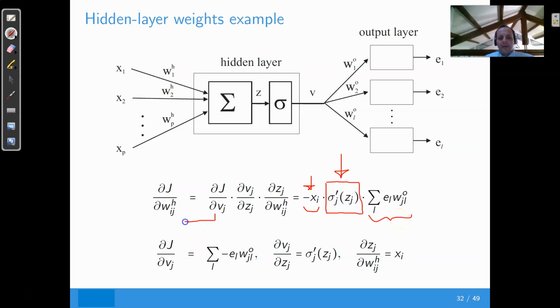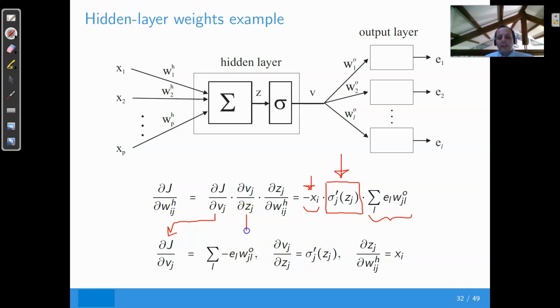And as you can see here, the derivative of your cost function with respect to v, which is the output of the hidden layer, is this term, which depends on the error and the weights of the output layer.